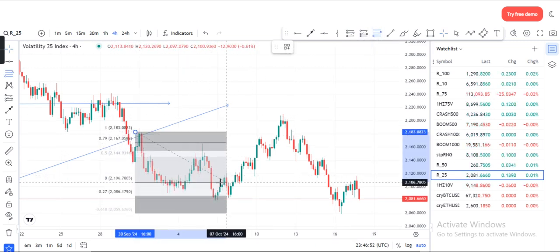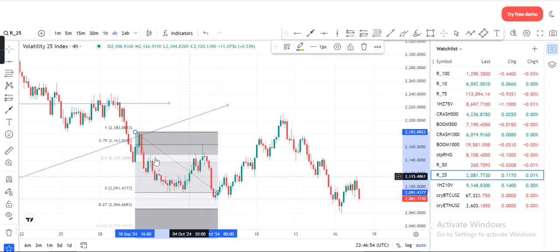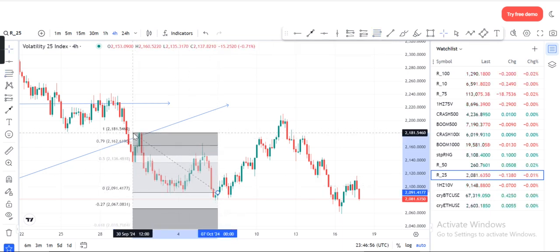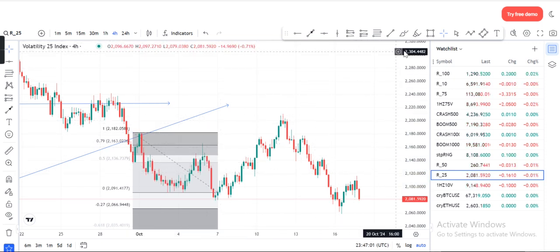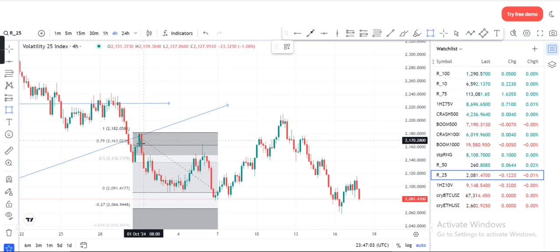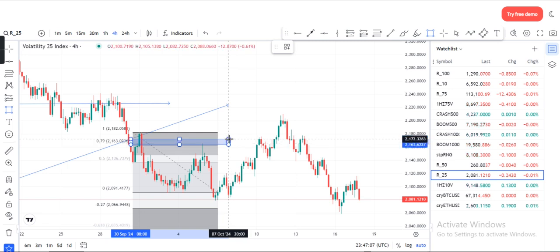So that was where the market reacted. Yeah, so we'll see that the market using this area did a retracement, and we got our entry on this retracement at this level here.